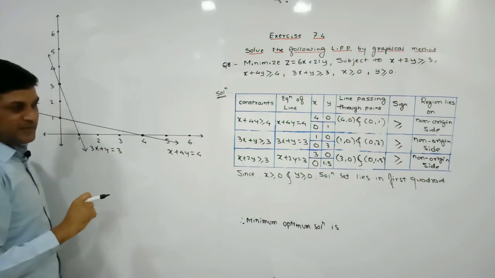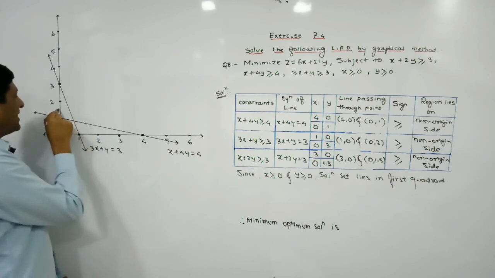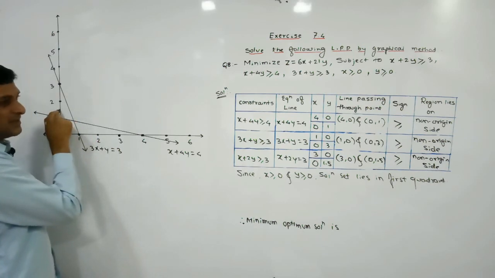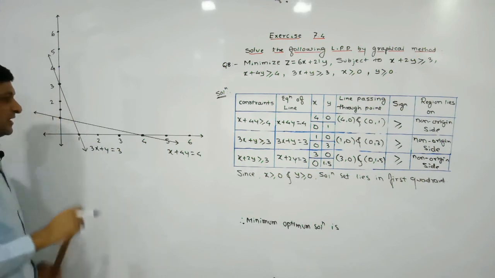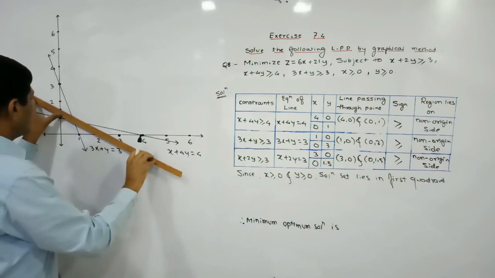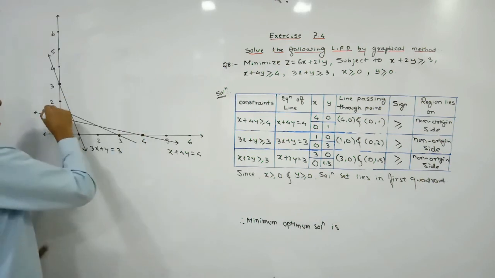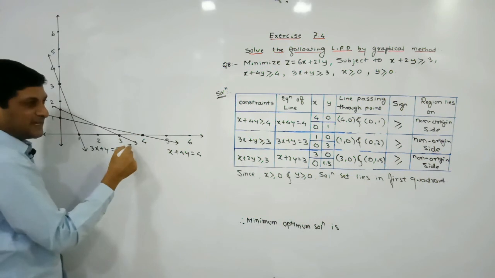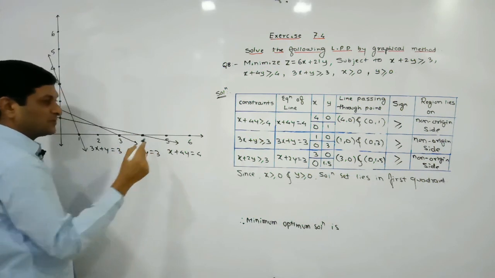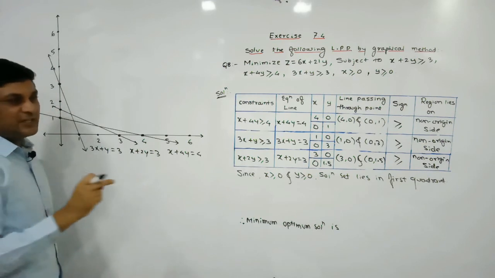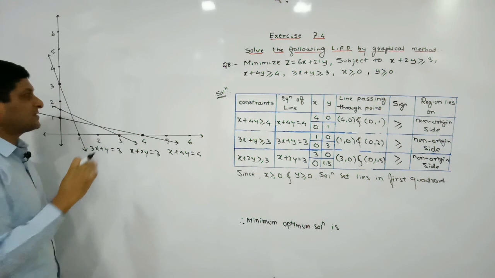Now observe the third line, which passes through the points (3, 0) and (0, 1.5). 1.5 lies somewhere in between 1 and 2. Once the position of 2 points on the line is known, draw a line passing through these 2 points. In this way we have got the third line also, whose equation is x + 2y = 3. Now for all these inequalities where greater than appears, the non-origin side part will be the solution set.